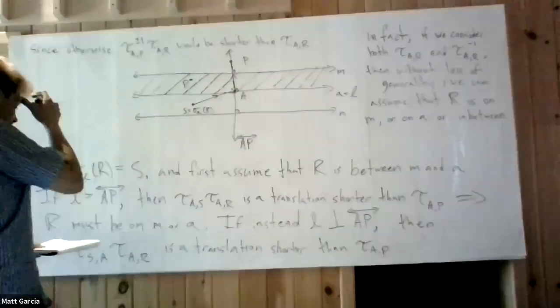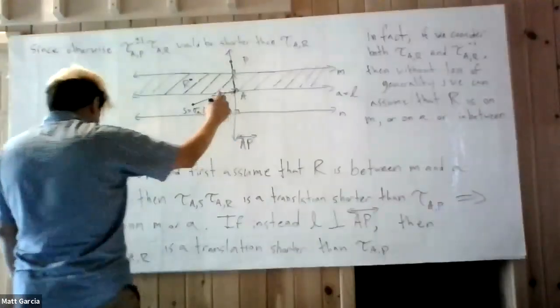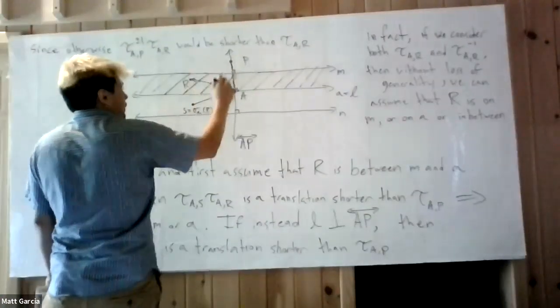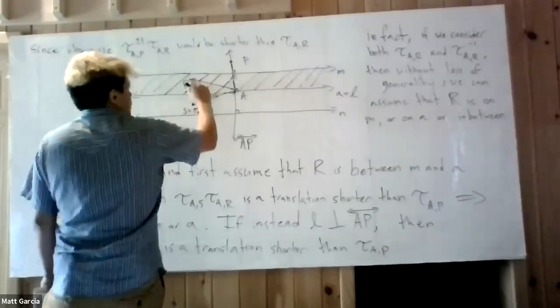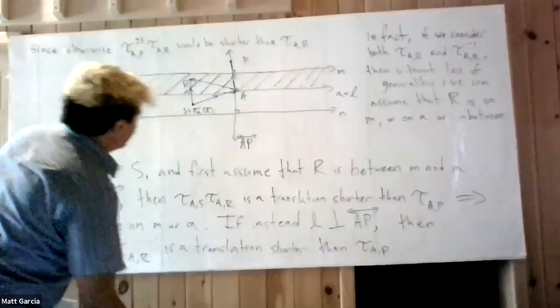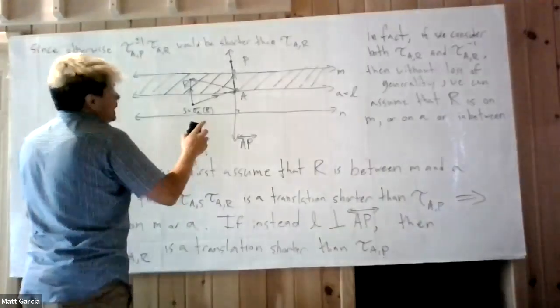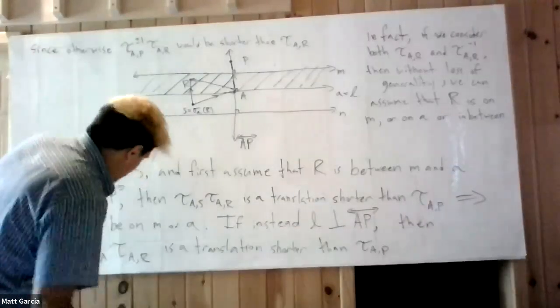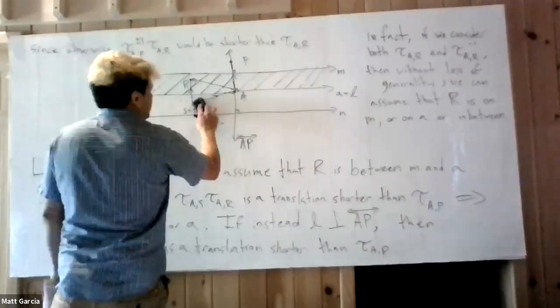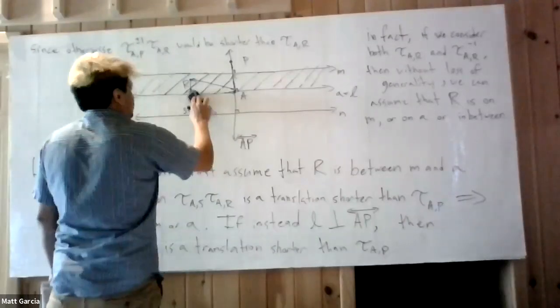And then the translation that takes A to R. Now, I think it's probably clearer... Yeah, so this is a little bit superfluous. Actually, you know what, I drew this in reverse order. I'm sorry. Let's get rid of these arrows.